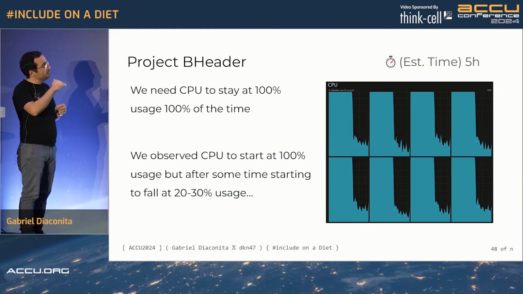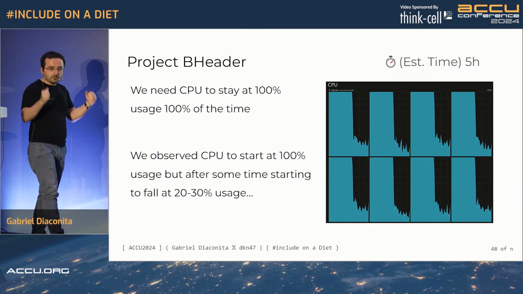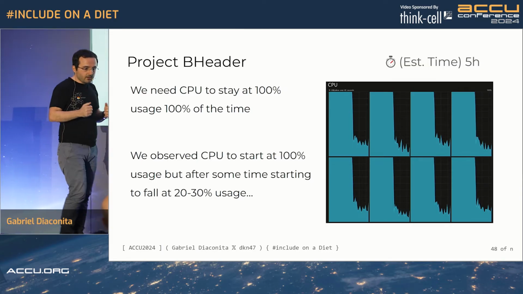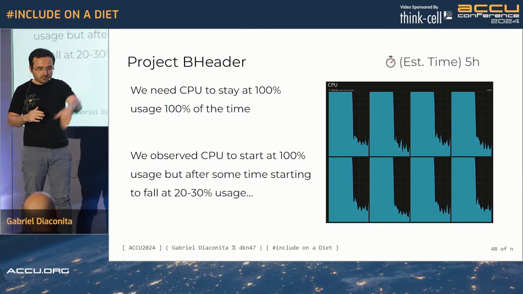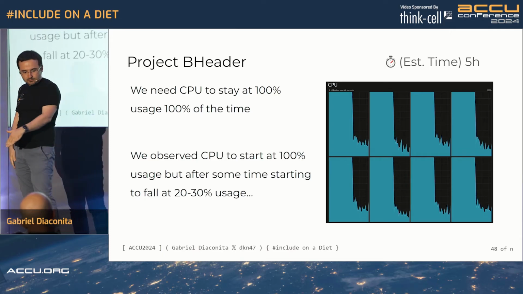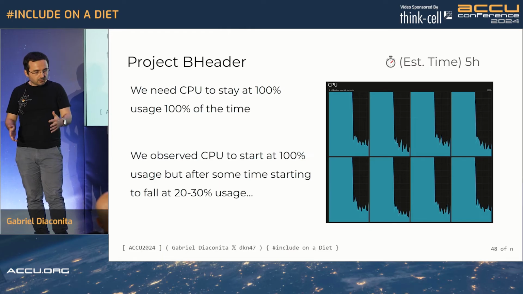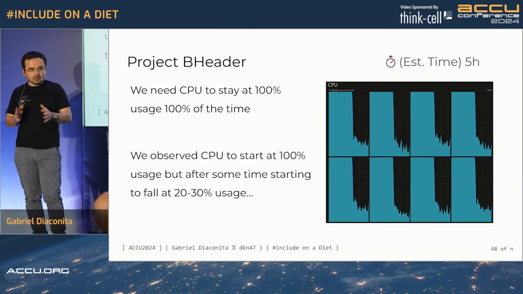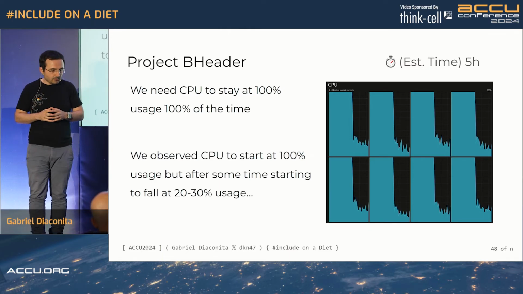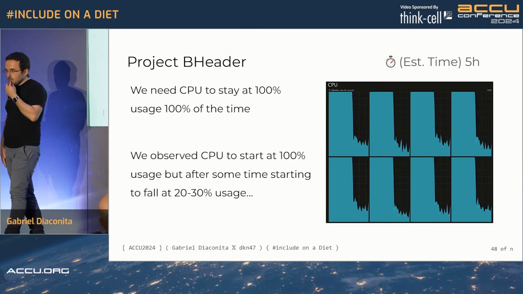It started really well, everything at full throttle. And after a while, a sharp downturn in the metrics, and the CPU started to get stuck at 20%, 30%, something like that. And we were mystified as to why this was happening.